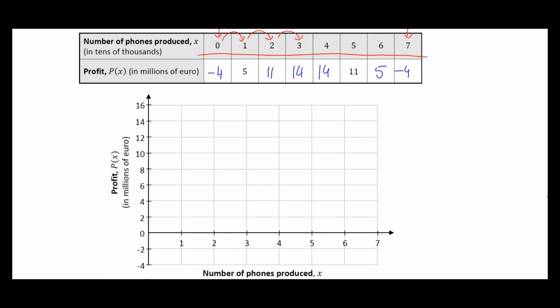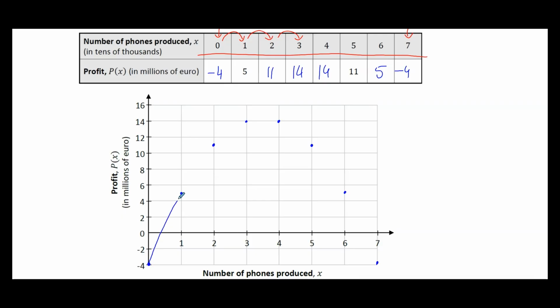And then we have to plot those numbers. So 0 value of x, minus 4 value of y, then 1 for x, 5. So it will be in between exactly 4 and 6. Then 2 has 11, again in between 10 and 12. 3 has 14, 4 has 14, 5 has 11 again, 6 has 5, and 7 has minus 4.